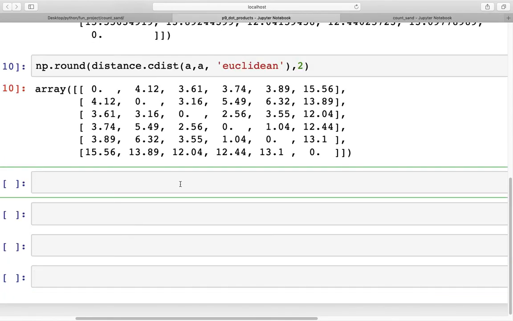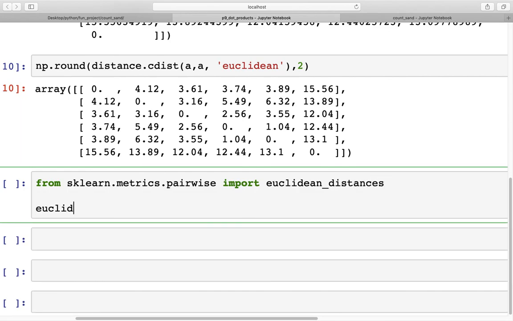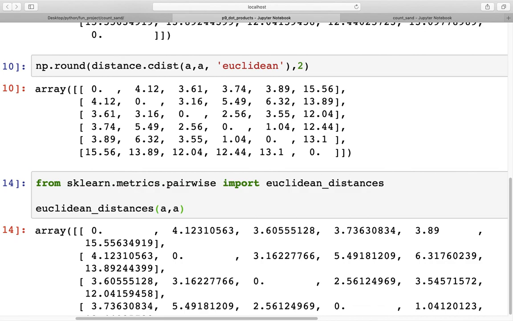Next, we are going to look at another way in which we can calculate the Euclidean distance, and that's using the sklearn library. So let's go ahead and import the library: from sklearn.metrics.pairwise import euclidean_distances, and then we can use euclidean_distances(A, A) to calculate the Euclidean distance.